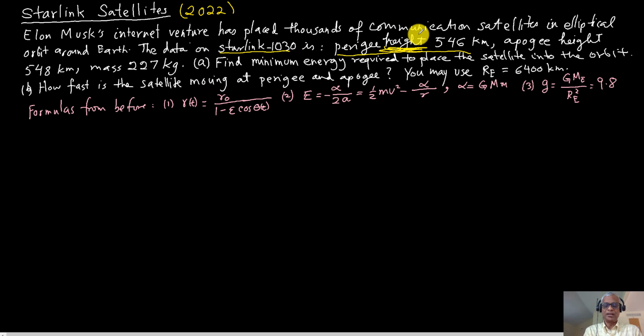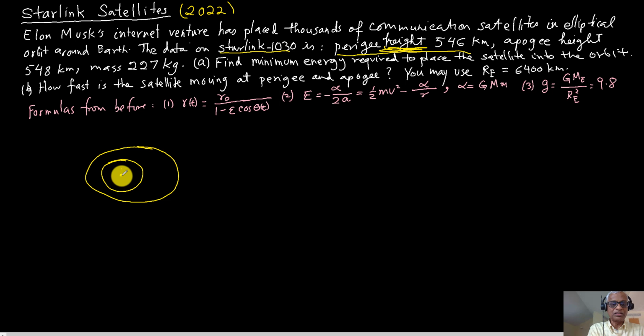Okay, if I just draw a picture of the orbit, the Earth will be like that, and here is the center. In a two-body problem with one body more massive than the other, the center of mass and the center of the big body are more or less in the same place.